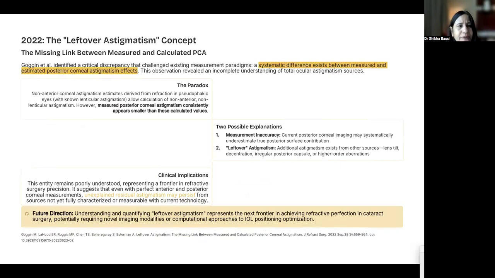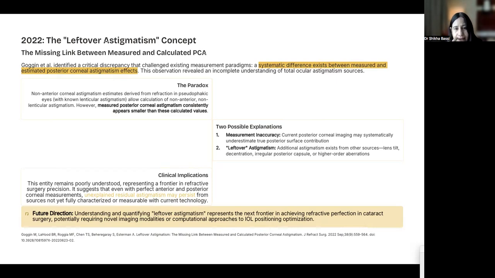I'll end my talk with this food for thought slide on the topic of leftover astigmatism. Goggin et al. say that the measured posterior corneal astigmatism, that is, when you measure it doing refraction in pseudophakic eyes, appears to be consistently smaller than the calculated. The measured is the one which you measure using the machines, and calculated is the one you calculate in pseudophakic eyes.